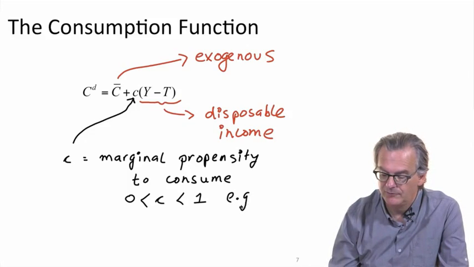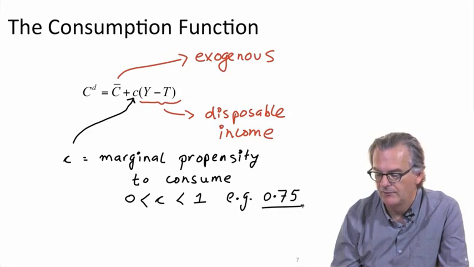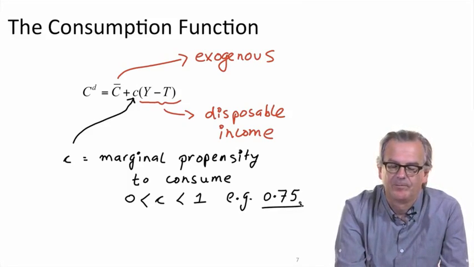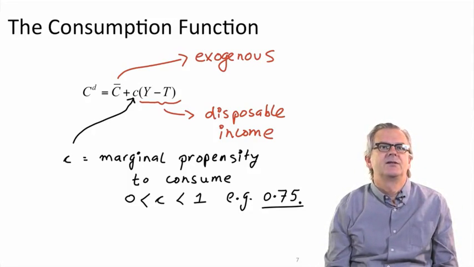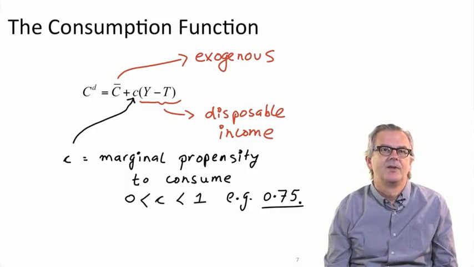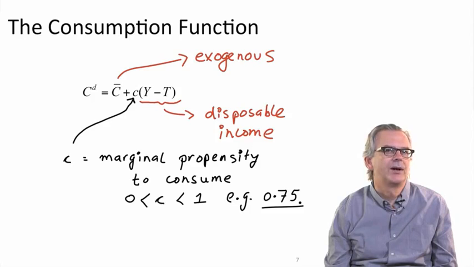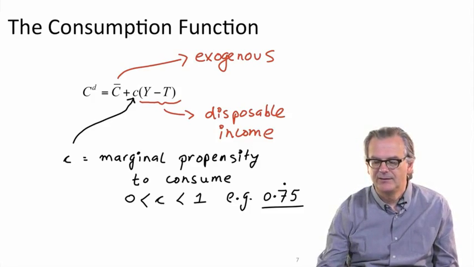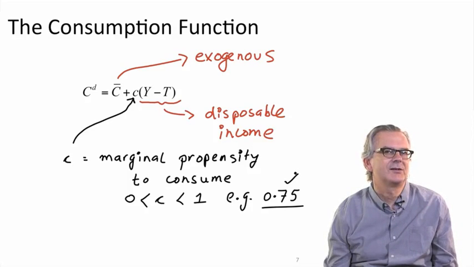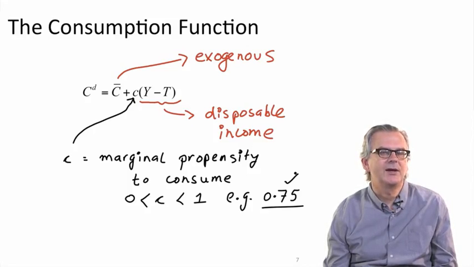And a typical value might be 0.75. What does that actually mean? The marginal propensity to consume tells us that should a household receive an extra $1 of disposable income, then in this instance, 75 cents of that extra $1 will flow into increased consumption expenditure.